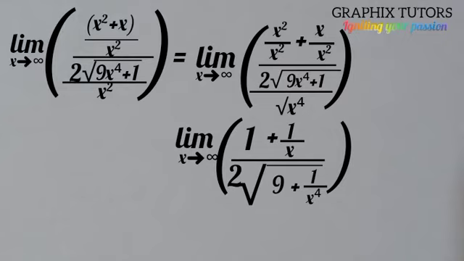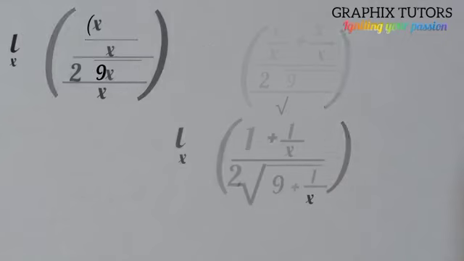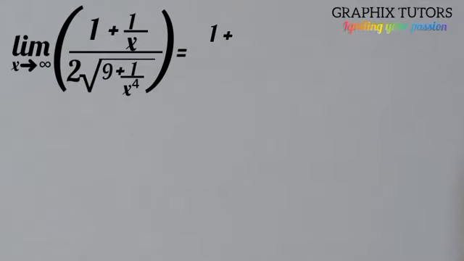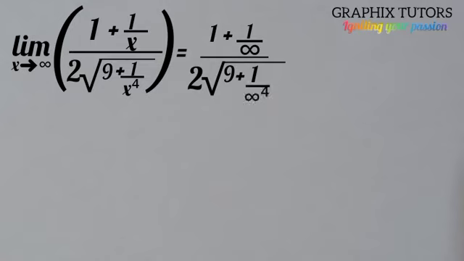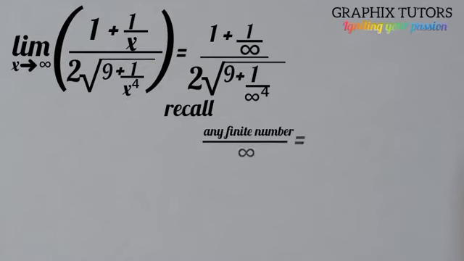Now, since I have my x tends to infinity, anywhere I see x, I input infinity. So I'll be having 1 plus 1 over infinity, all divided by 2 multiplied by the square root of 9 plus 1 over infinity raised to power 4. Recall, any finite number over infinity is equal to 0, right?